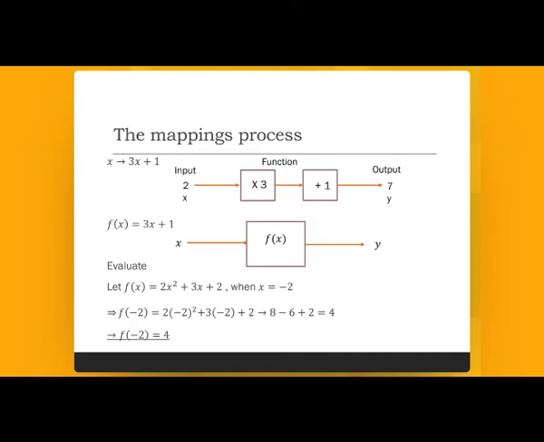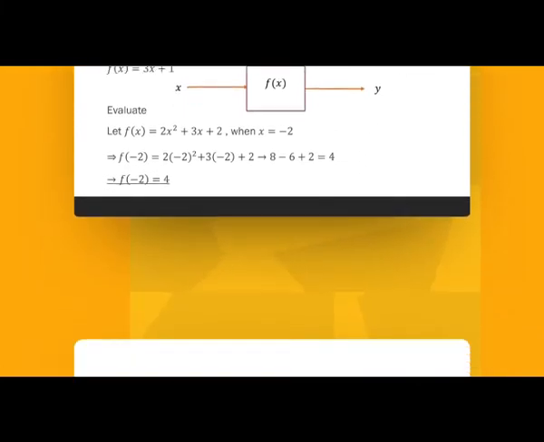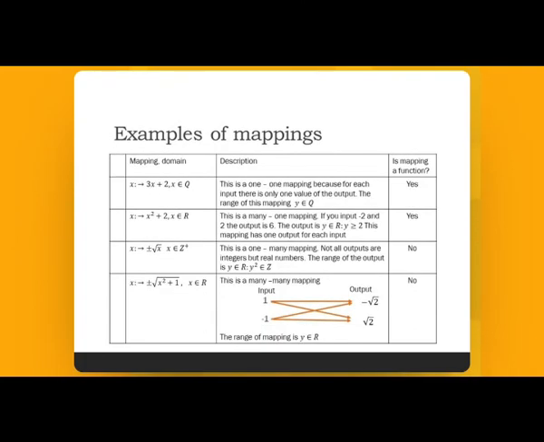In this way, when you come to check your answers, you can check the method at every stage in case of errors. Examples of mappings. When x is mapped to 3x plus 2, where x belongs to the set of rational numbers, this is a 1-1 mapping because for each input there is only one value of the output.